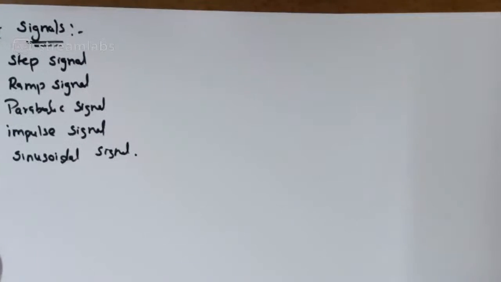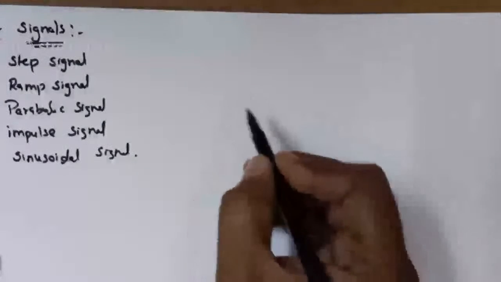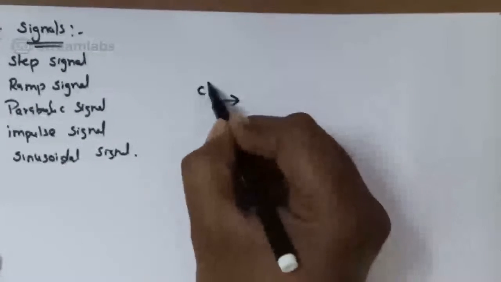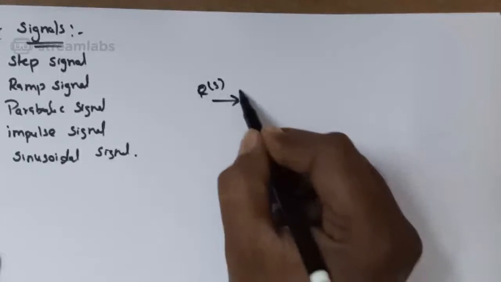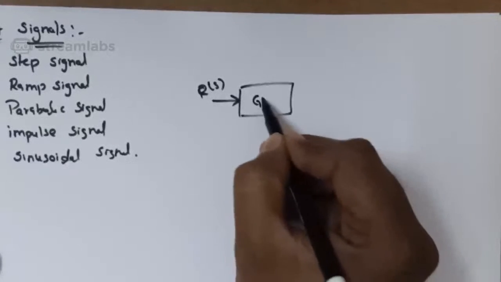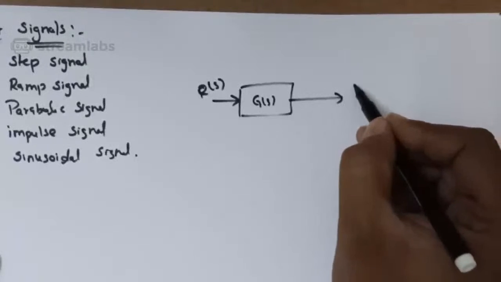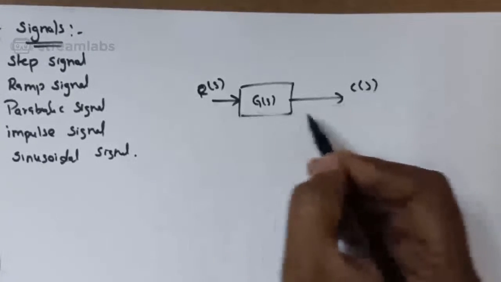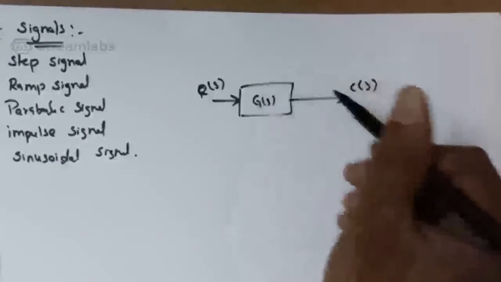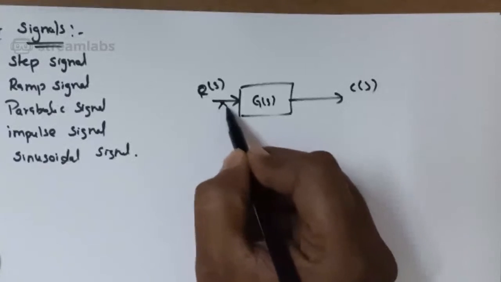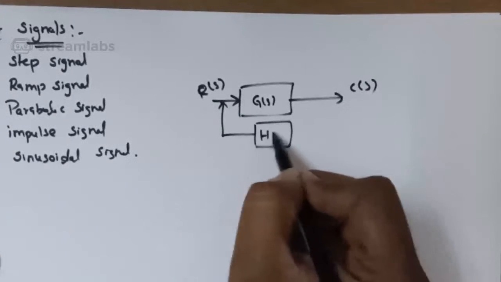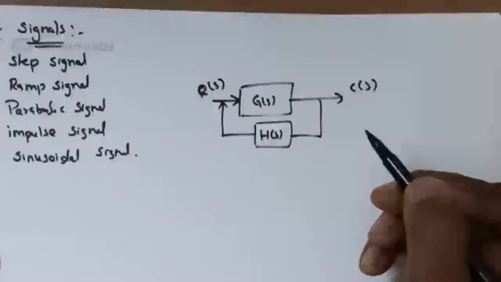Now we are going to draw a closed loop transfer function, a closed loop block diagram. Okay, see here, R of s, G of s, C of s, H of s.